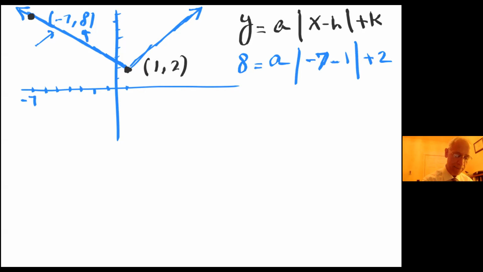So now I have 8 equals: -7 minus 1 is -8. Absolute value of -8 is 8, so 8a plus 2.